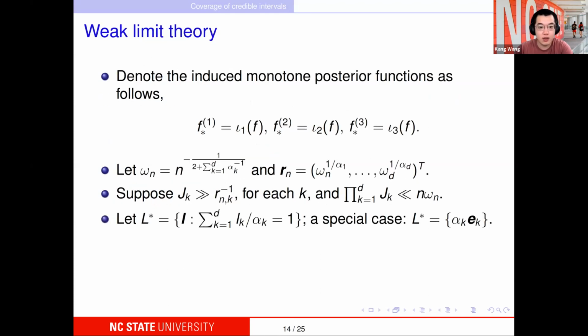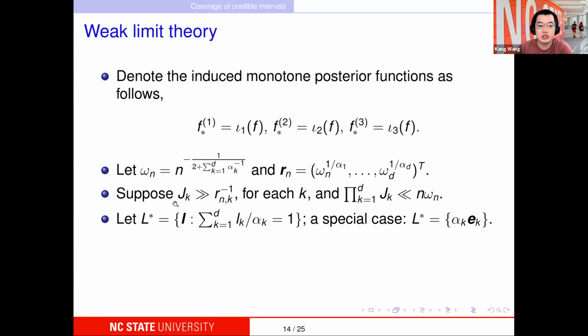With this assumption, we also need to define some local contraction rate omega_n, and also the rate along each direction, adapted to the smoothness level.